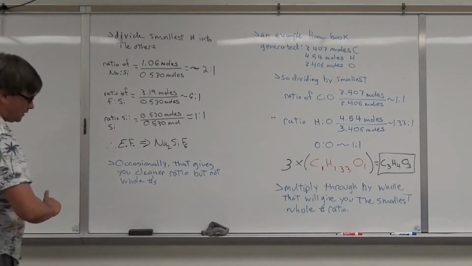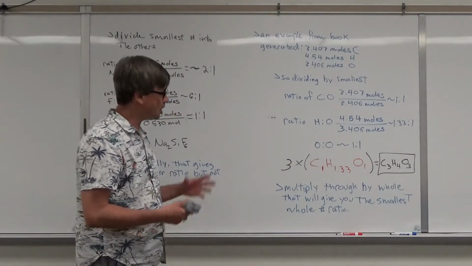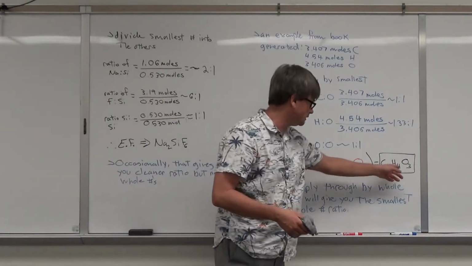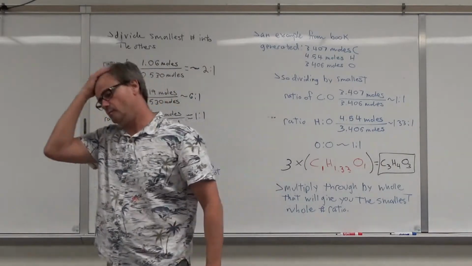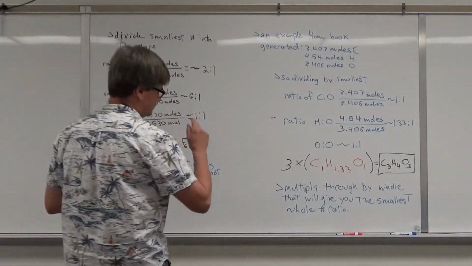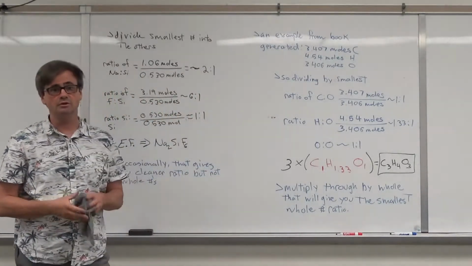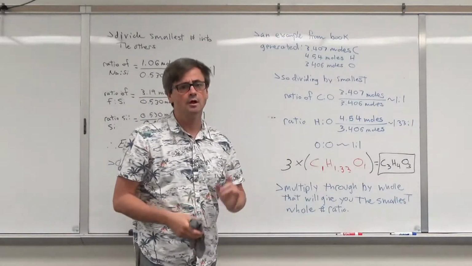Now, what if you're talking about a molecule? This is actually a molecular compound here. We know we can use this to figure out the empirical formula, but do we know that that is the molecular formula? No, we don't.